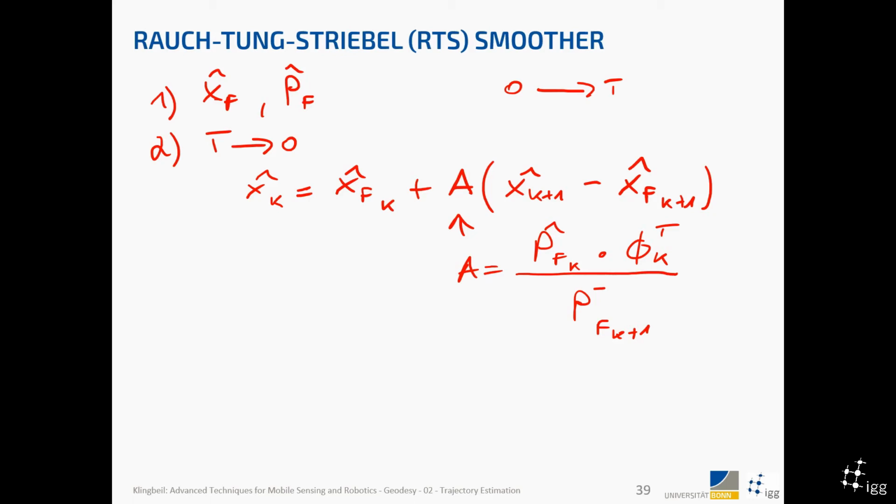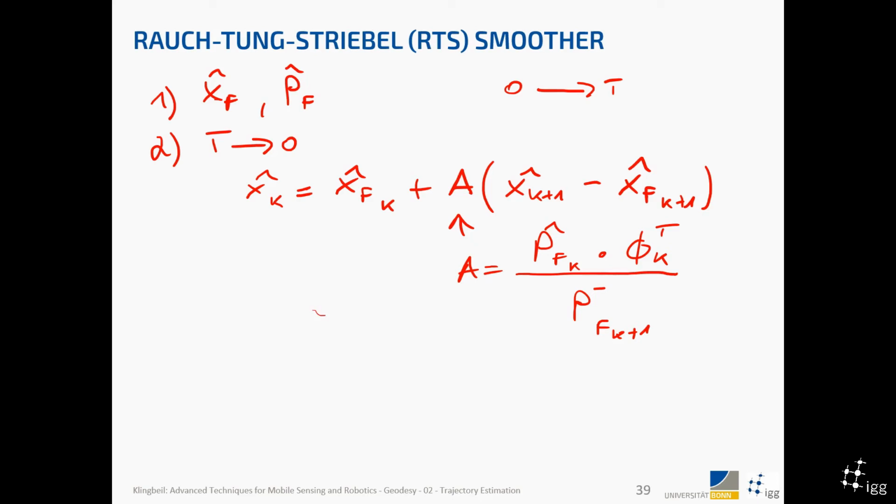So the advantage here is clearly that you don't need to store all the covariances of a forward and a backward filter. You only need to store the covariances of the forward filter, and then going backwards through it, it's just a recursive formulation which only uses always the last smoothed estimate and the last predicted forward estimate.